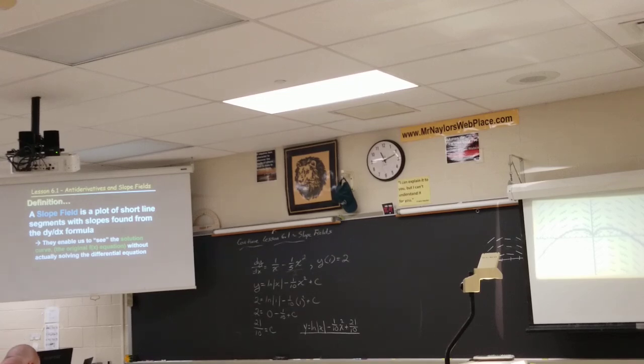So we actually could see what it looked like before we found it. Of course, once we found it, we were able to graph it and essentially check it to make sure that it really does go with the flow. Again, your slope field is basically a visual solution.